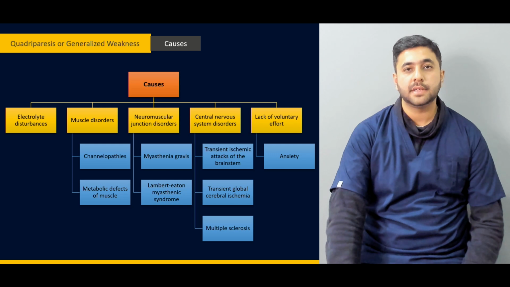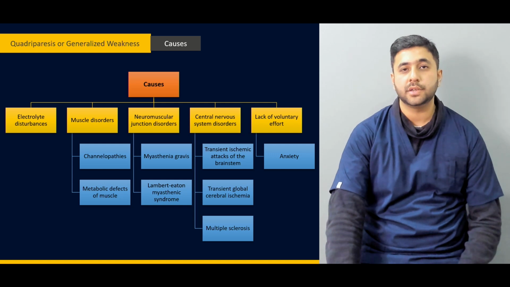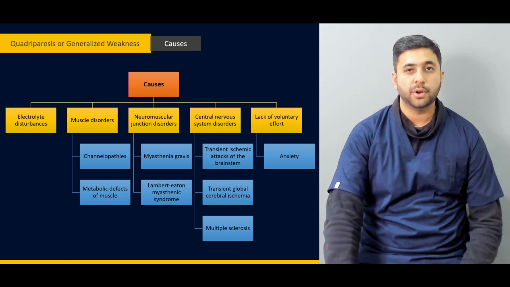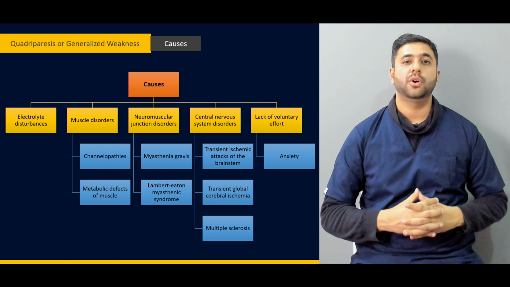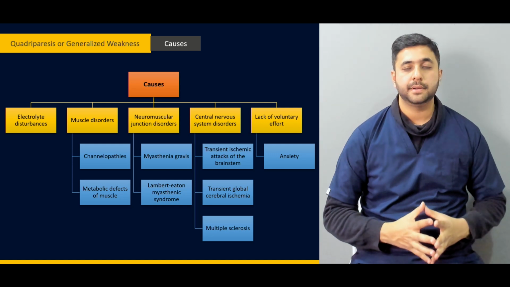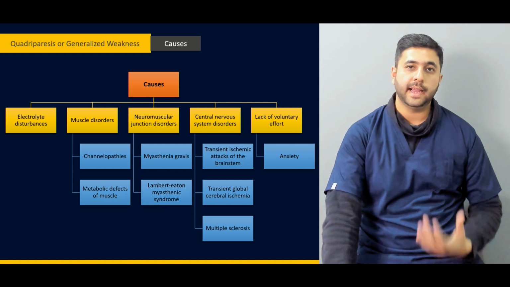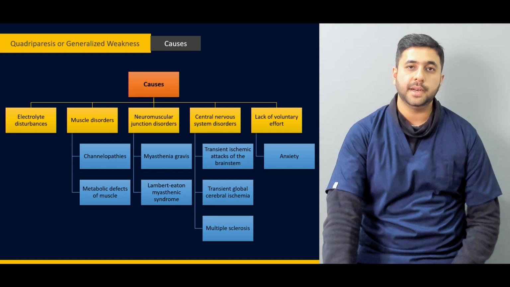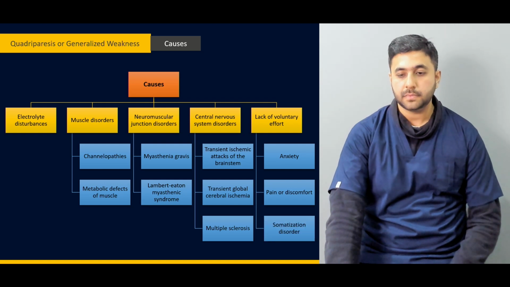Someone might present to a neurologist or a medical specialist with generalized muscle weakness, and you suspect that this might be some neurological issue or an electrolyte abnormality, and you do all the investigations and can't find anything. Then after a very well monitored MMSE, or mental state examination, you seem to uncover an underlying psychiatric vulnerability that is leading to this organic or functional problem.